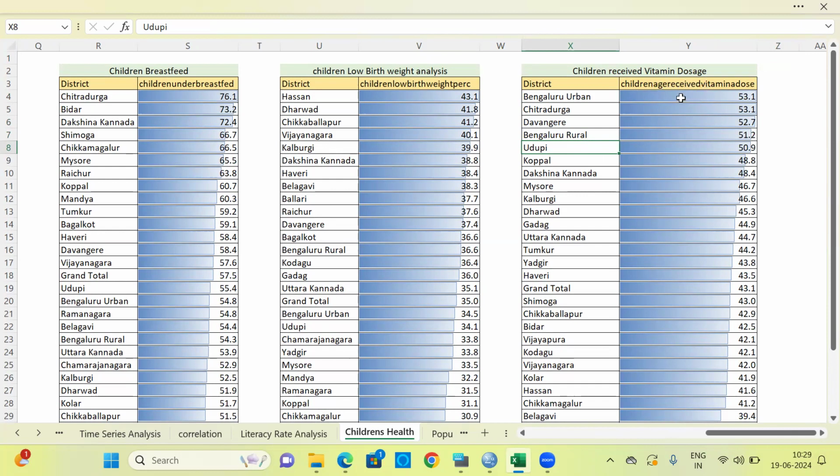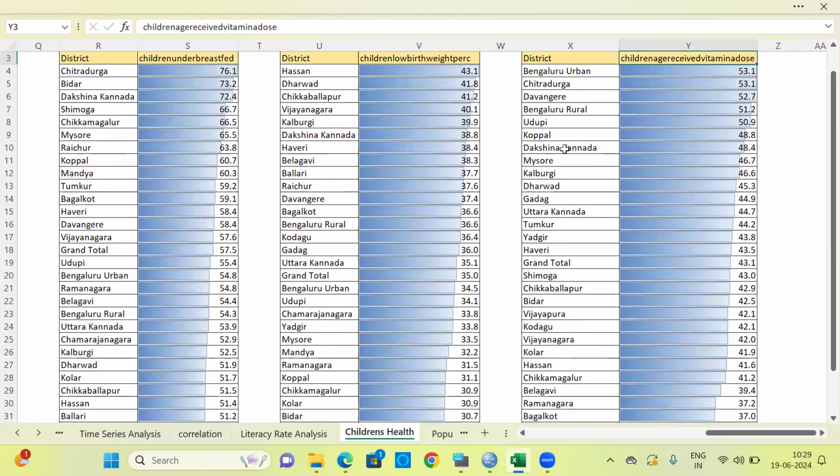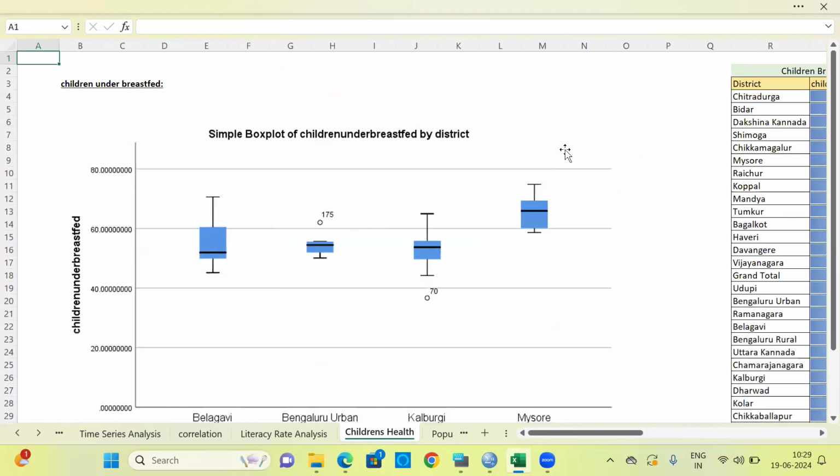In fact, Bengaluru urban tops the list with 53%. Let me now scroll down. You can see some of the districts like Mandya, Ballari, Raichur, where the numbers are on the lower side. So this particular sheet gives us an insight about the health of children.